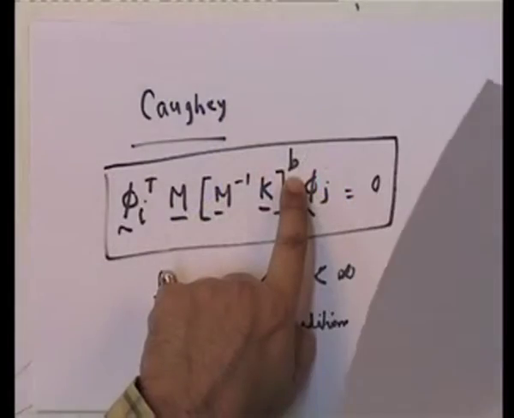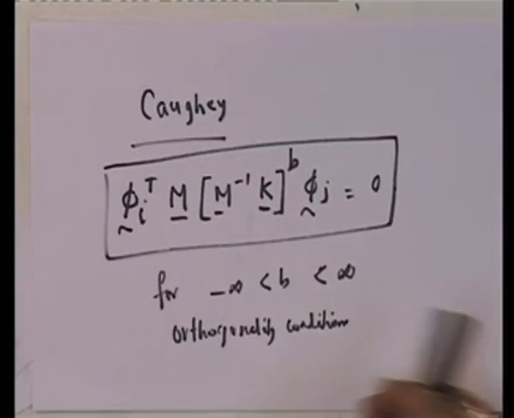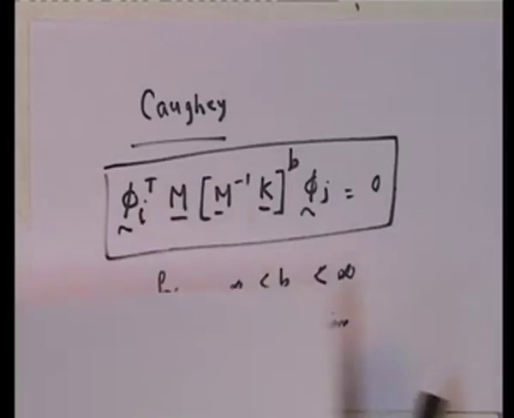Well, let us look at specific values, and I will show you how this is proved. Put b equal to 0. What does b equal to 0 mean? That means this term to the power of 0, so that is just my mass.